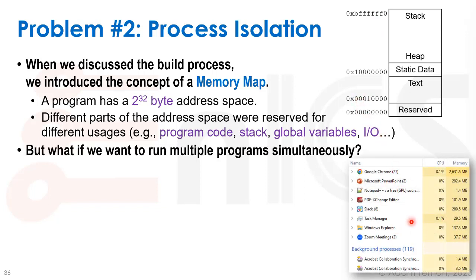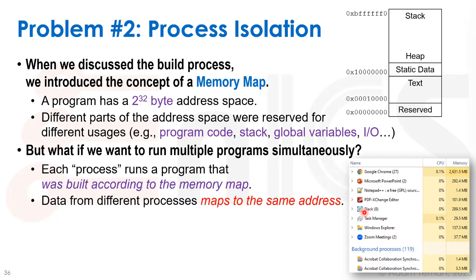I took a screenshot from my computer at some point, and you see that different processes are taking up different parts of the memory, and there are lots of processes. There are 119 background processes without me running a lot on my Windows machine. So each process runs a program that was built according to this whole memory map with the full address space. And that means that different processes are going to map to the same address.